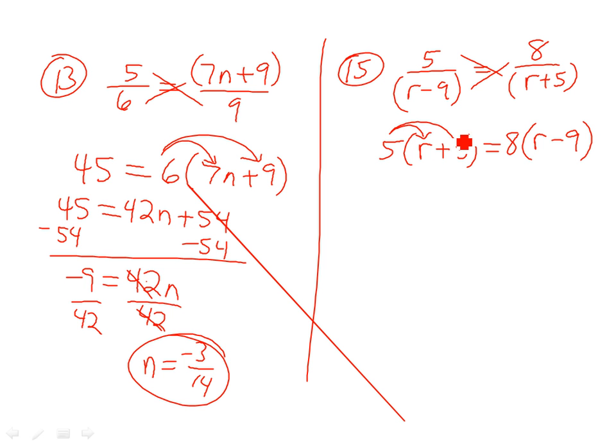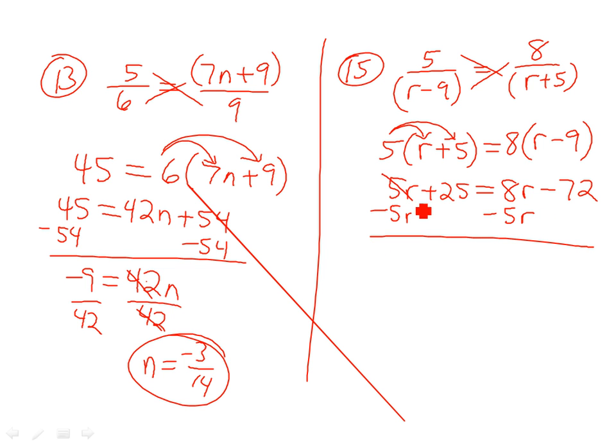Distribute. What do we get when we distribute? 5R and 25. Other side? 8R and 72. And then you can plus 72 each side, minus 25, minus 5R. You do it differently than I do, but you should always get all the variables together first.